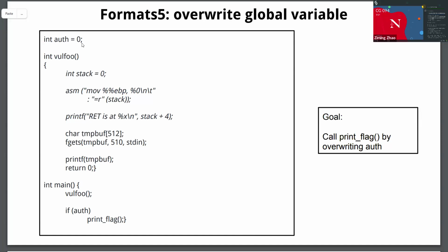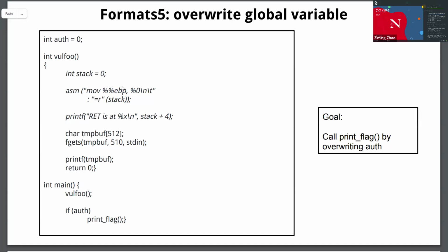We haven't done this overwrite, but you know %n can do this job, right? In vuln_foo, I put a little bit of assembly there, but don't get scared. It's there to help you actually. That's not the part you want to hack.